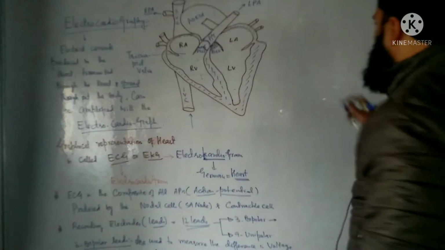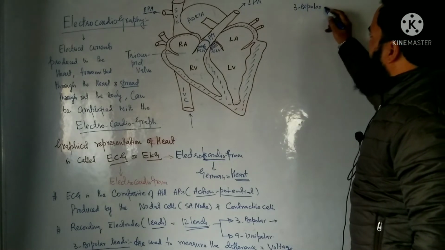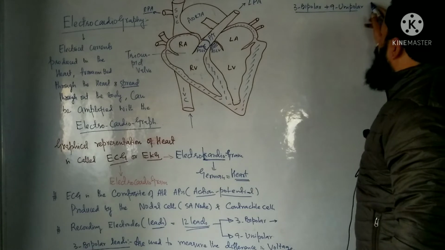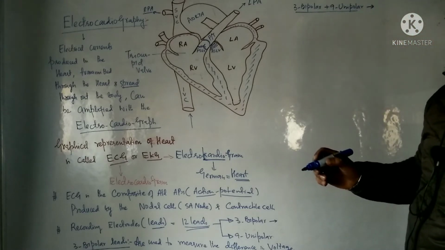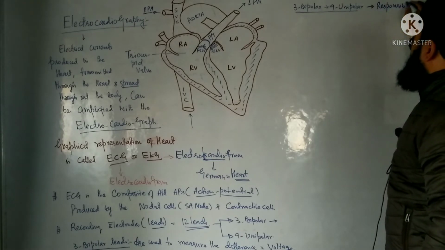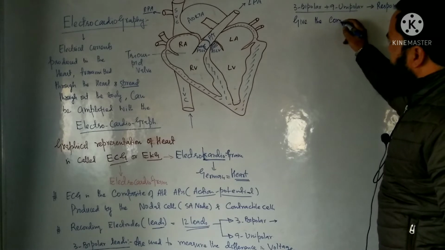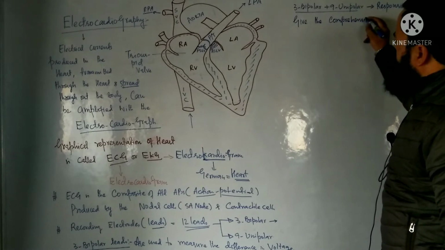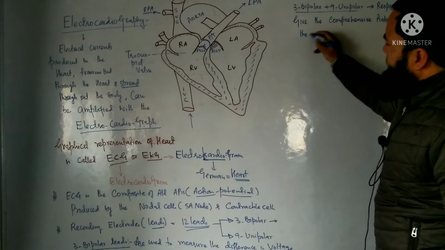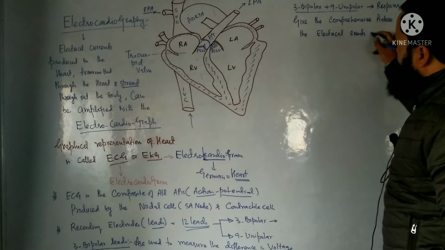All these leads, that means 3 bipolar and 9 unipolar, are responsible to give the comprehensive picture of the electrical events produced by the heart.